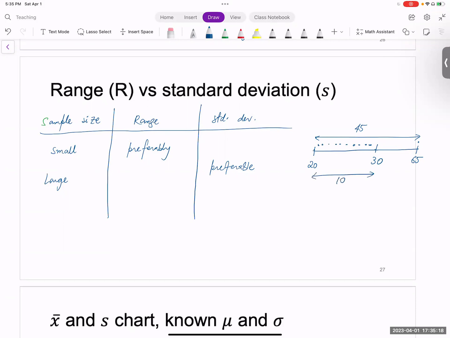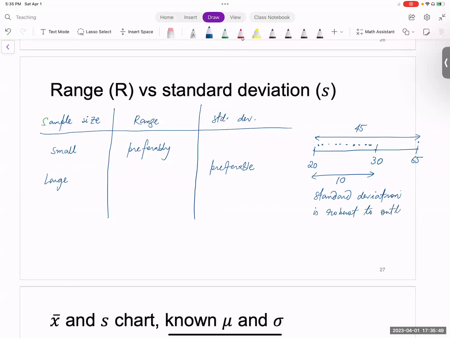So what we're basically trying to see here is that range is highly sensitive to outliers. In contrast, if you compute standard deviation from the data, standard deviation is a little bit more robust to outliers as compared to range. So I would say standard deviation is robust to outliers.